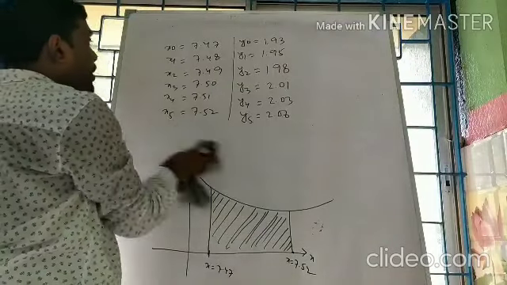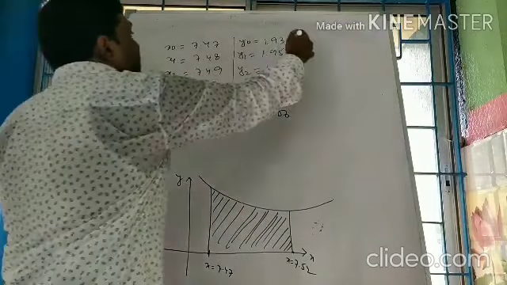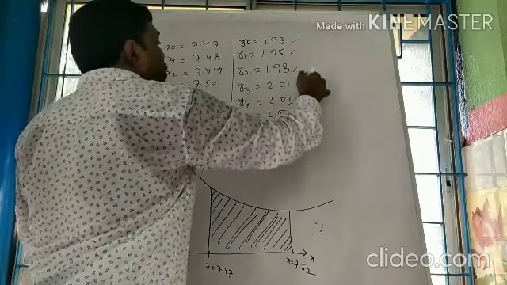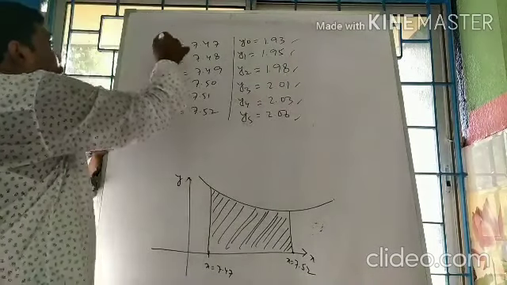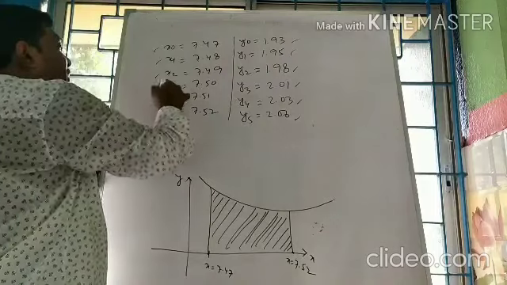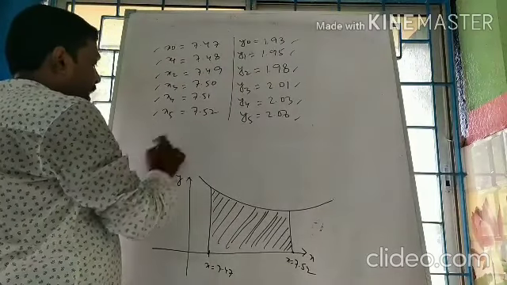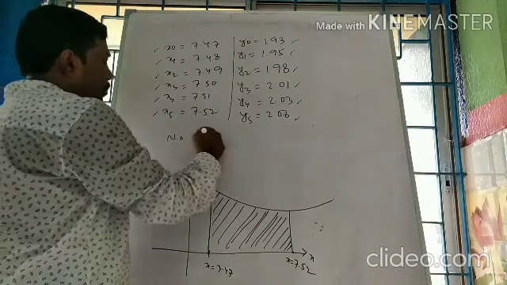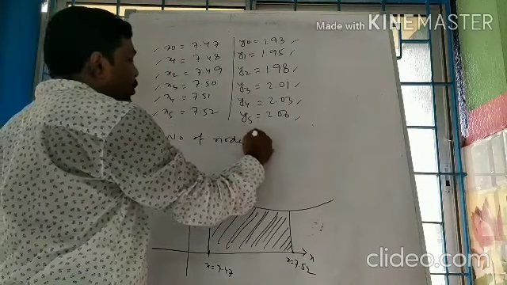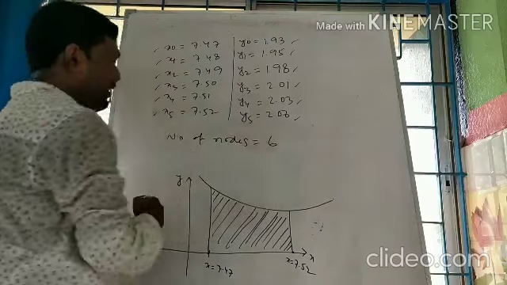Then first find the number of ordinates. The number of ordinates is 1, 2, 3, 4, 5, 6. So the number of nodes is 6.